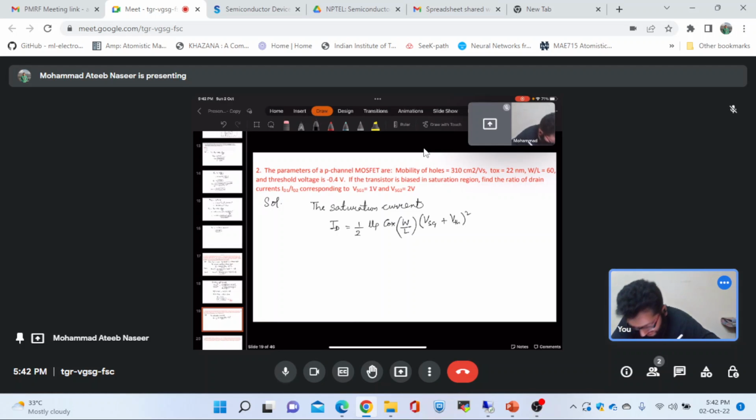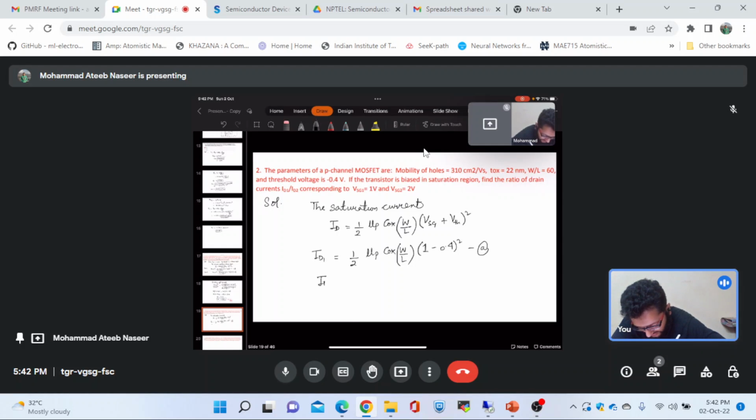Now I have two ID sat currents. ID1 corresponds to 1 by 2 mu p Cox W by L, which corresponds to VSG of 1 volt, so this is (1 minus 0.4) whole square. So this is equation A.